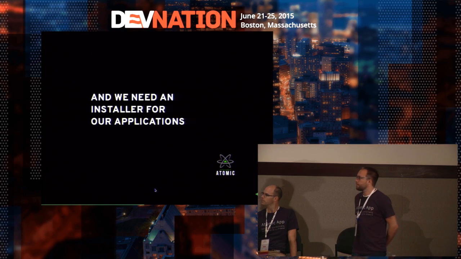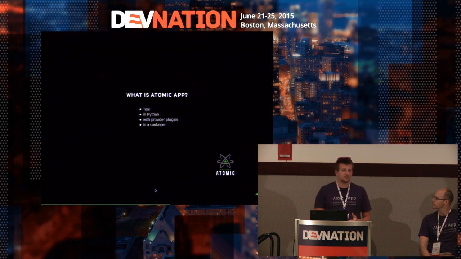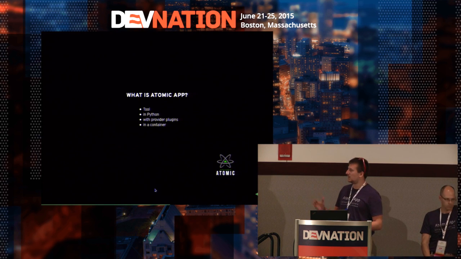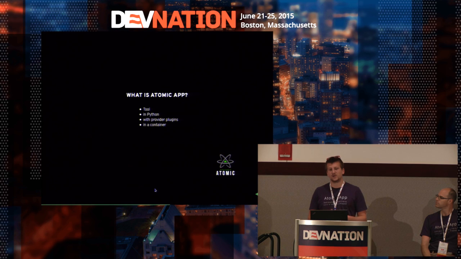Okay, so as Christoph said, we need an installer. Nulecule is a specification, so we need some kind of implementation for this specification, and that implementation is Atomic App. It's a tool to run Nulecule applications. It's written in Python. It has a concept of provider plugins, which will let you run your application not only in one orchestrator, but in any that is implemented in Atomic App or any other implementation that will appear.